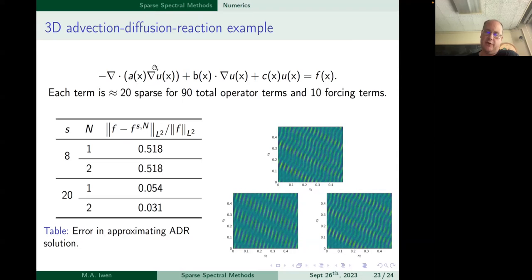We have now PDE data, diffusion coefficient, and additional functions B, C, and F, right? They're all sparse in the Fourier domain. And we're plotting error proxies for different choices of stamping set level and sparsities, right? You can get down to relative errors on the order of a few percent.